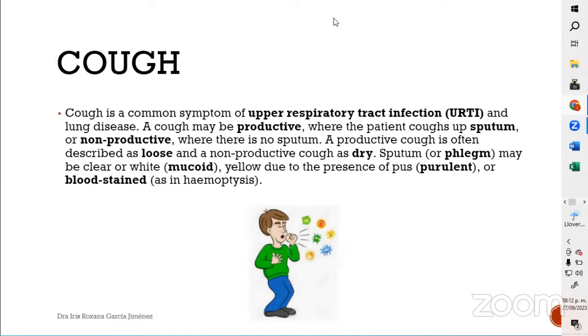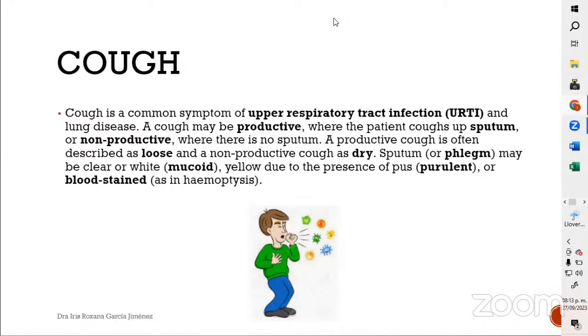Okay, cough is a common symptom of upper respiratory tract infection and lung disease. A cough may be productive, where the patient coughs up sputum, or non-productive, where there is no sputum. A productive cough is often described as loose and non-productive cough as dry.